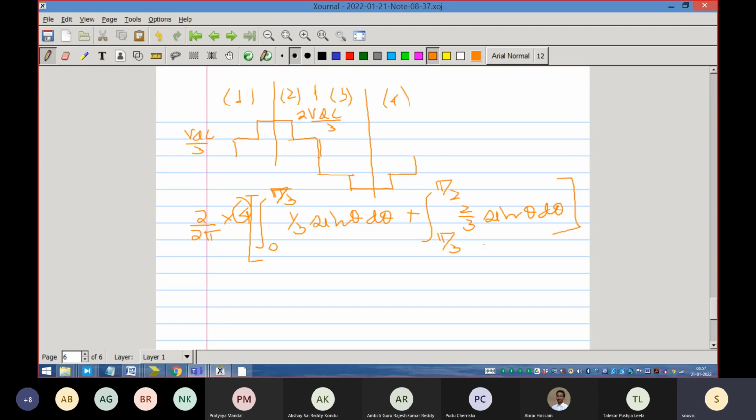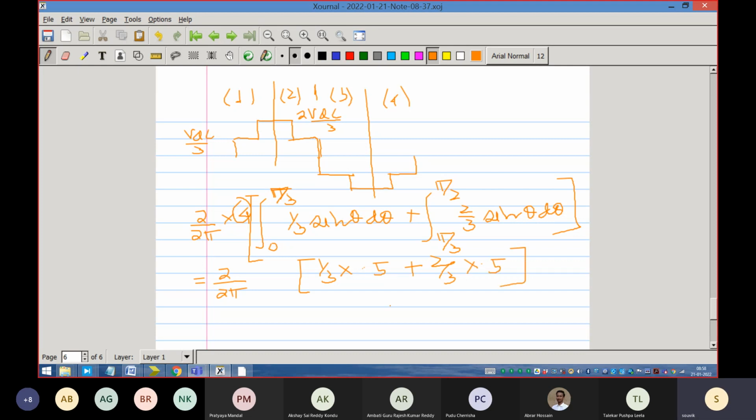So this is the thing we are doing, and if we do it, we'll get it as 2 by 2 pi into this integration, which will be 1/3 into 0.5 plus 2/3 into 0.5, right?